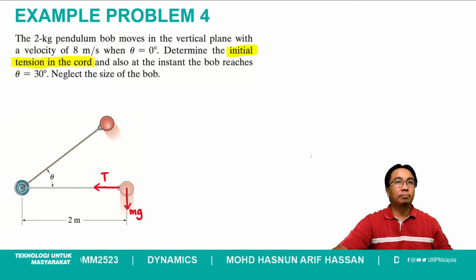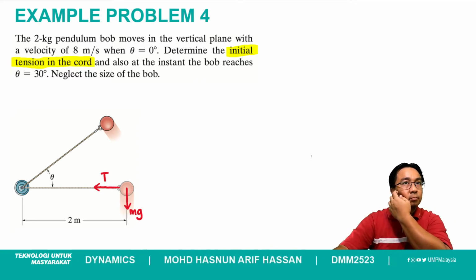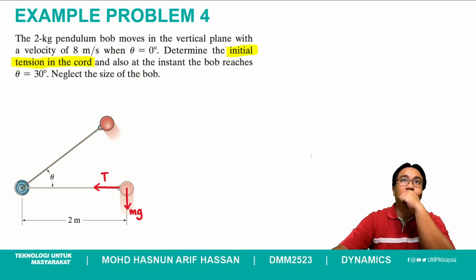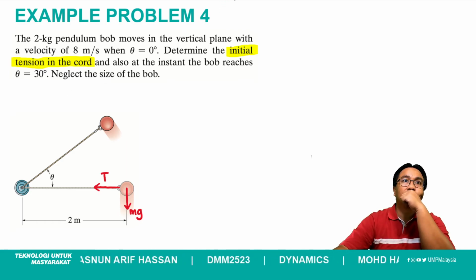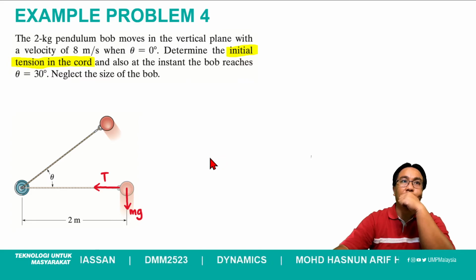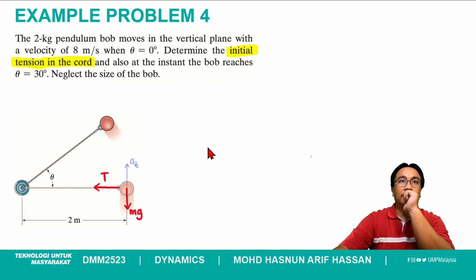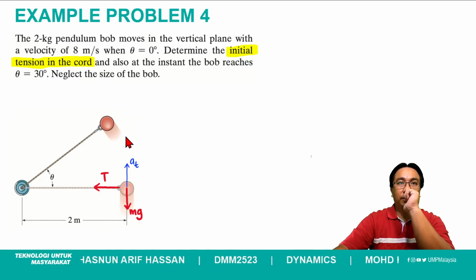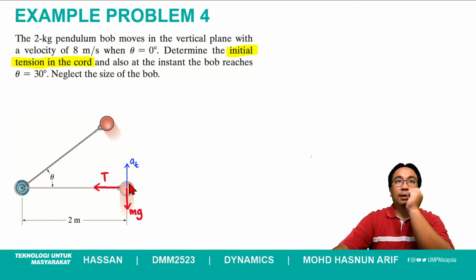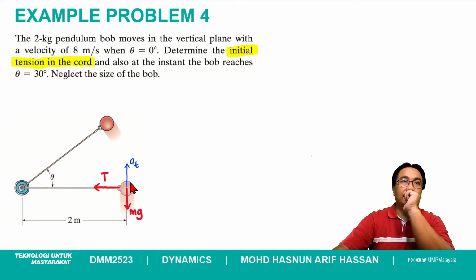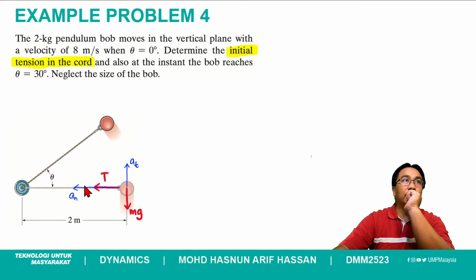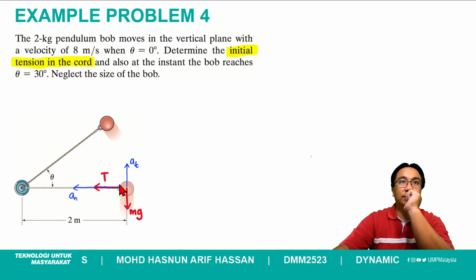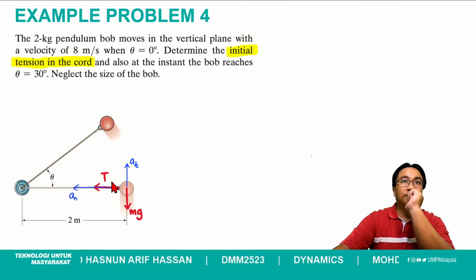Tangential axis will be to the top, and the normal will be the same direction as the tension. Okay, good. Thank you. So the tangential axis will be pointing straight up, and 90 degrees to the tangential axis will be the normal axis. So the normal axis will always point to the center, 90 degrees to the tangential axis.